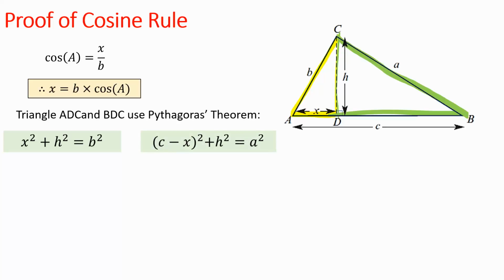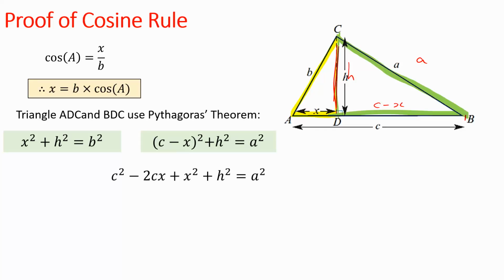But remember this c is this whole entire length. So if you want just from D to B, it's c minus x. This length here would be c minus x. That's why it's (c minus x) squared plus h squared equals a squared.